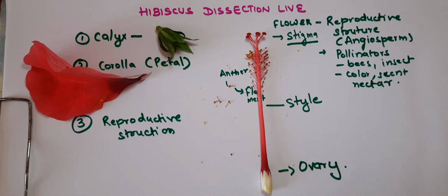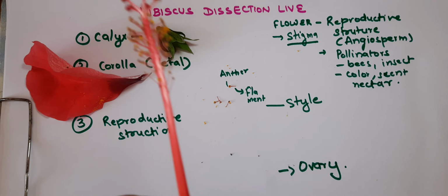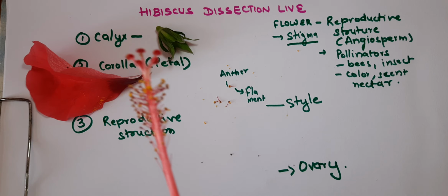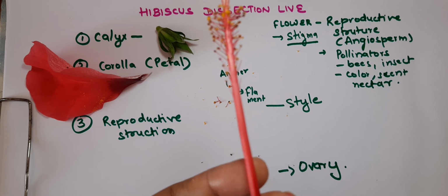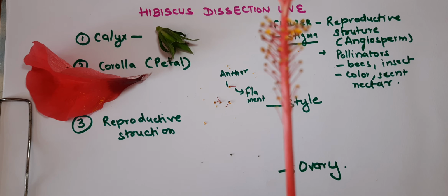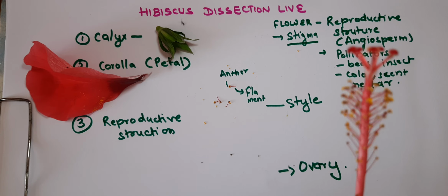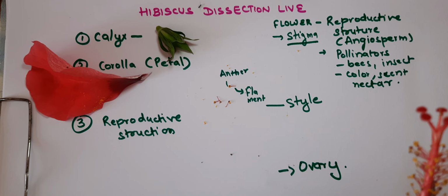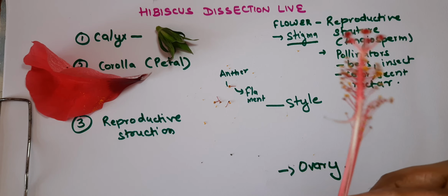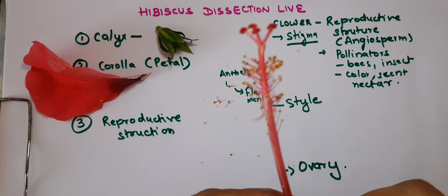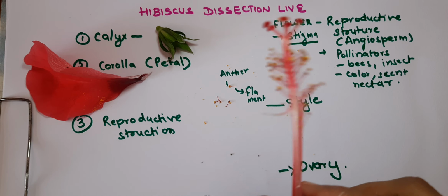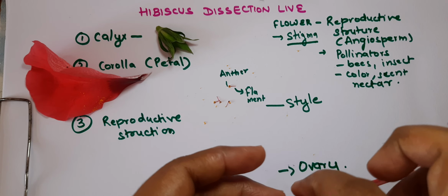So I can show you the internal structure also. Let me just dissect it. I hope it comes clean. So this is the external surface. This is what I want to show you.